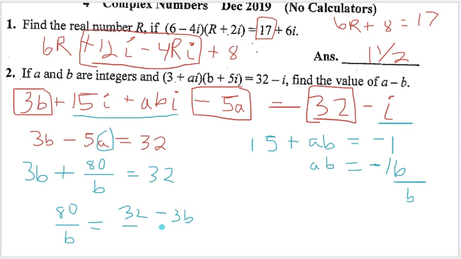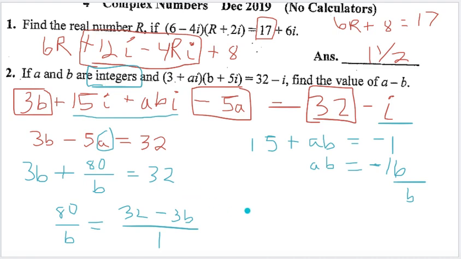And then what I did is I put this over 1, and then I solved it like a proportion. 80 equals 32b minus 3b times b, so there ended up being a b squared, and I ended up using the quadratic. But way up here they said a and b are integers, and only one of the values of b is an integer.